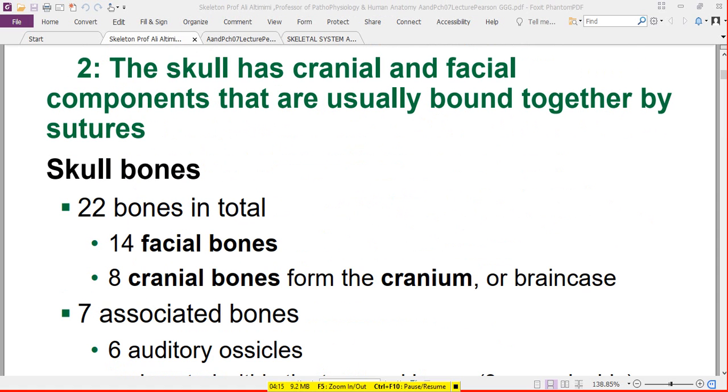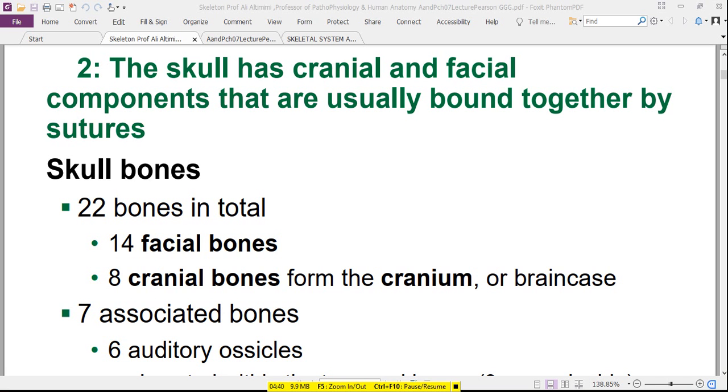The skull has a cranial and facial component that are usually bound together by sutures. Skull bones form 22 bones in total: 14 facial bones and 8 cranial bones forming the cranium or brain case.